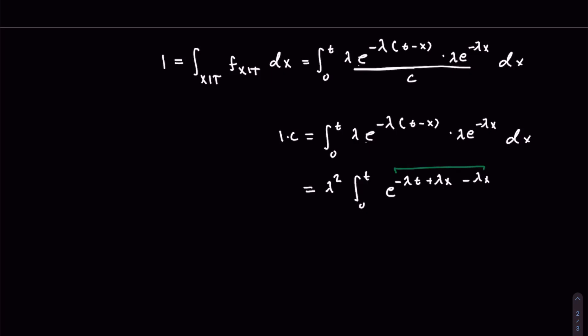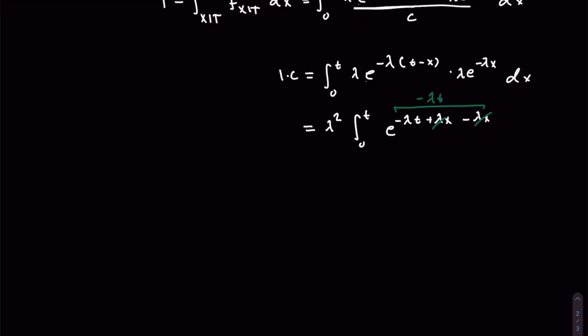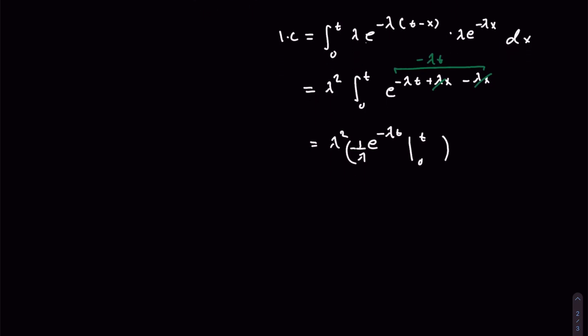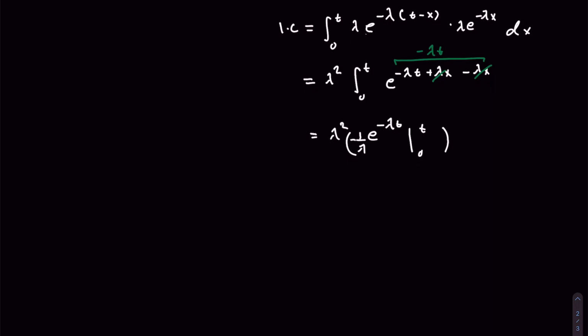So we see that the x's cancel here. We're just left with minus lambda t. That's an integral we know how to do: e to the minus lambda t divided by lambda, over 0 to t.